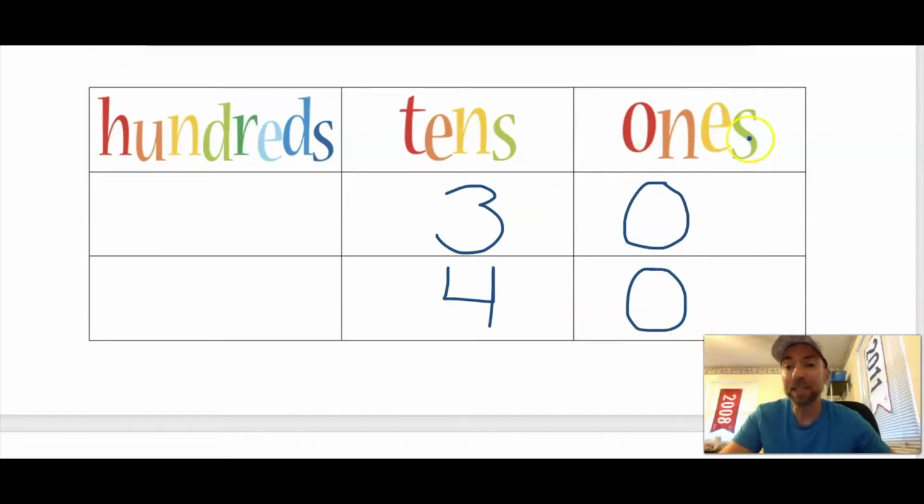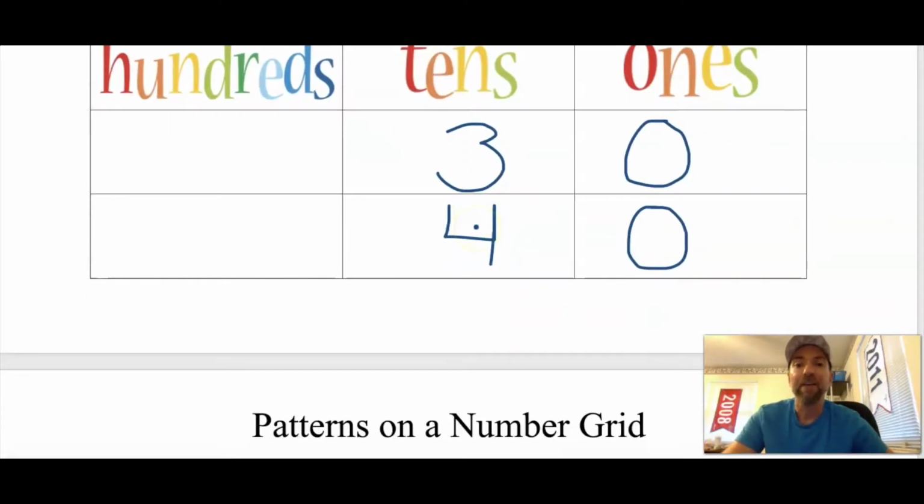And in my ones place, all of my digits are 0. And in my tens place, all of my digits are increasing by 1. 30, 40, 50 would come next, because here we are counting by tens, and we started at 0.